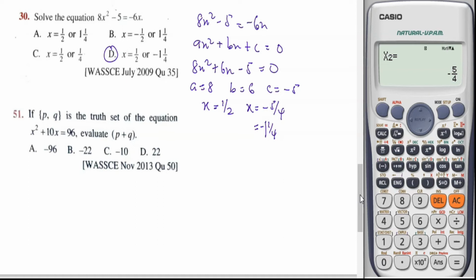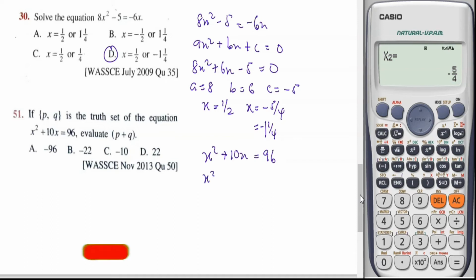Hence, when we get the values of x, they are going to represent our P and Q. Therefore, having our x squared plus 10x equal to 96 is not in the standard form. So we need to regroup and write it in the standard form by transposing the 96 to join the left-hand side of the equation, and then we equate everything to 0.